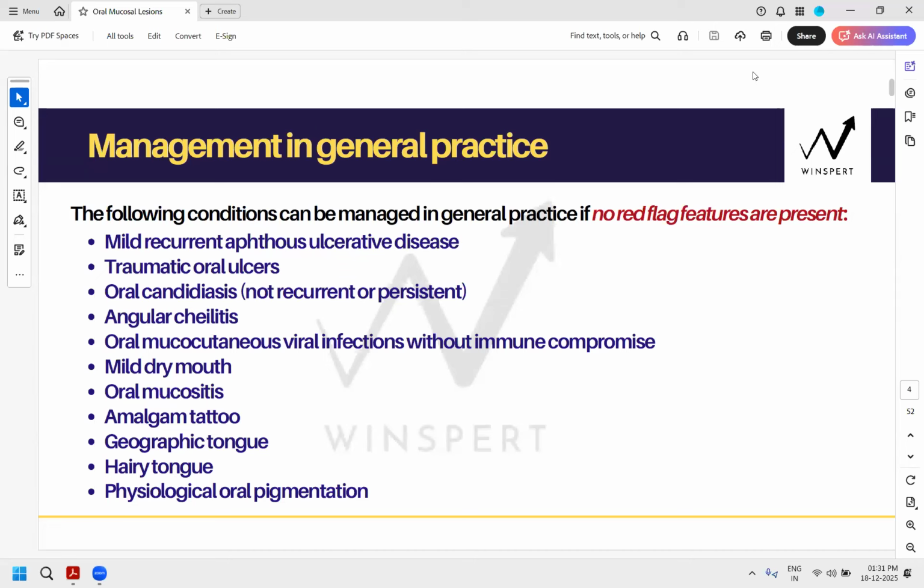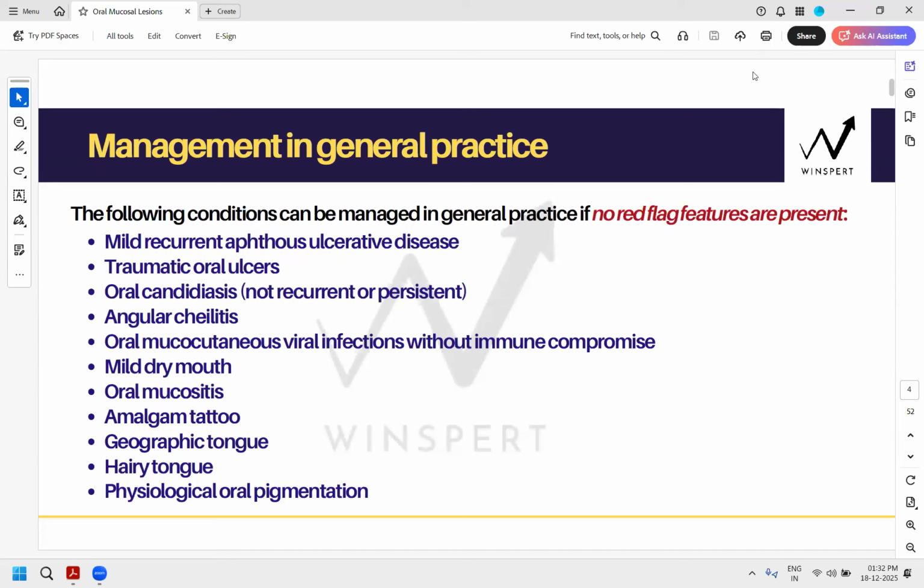So, if there are no red flags present and the diagnosis is straightforward, you can manage it in your general practice. Mild dry mouth, oral mucositis. What leads to oral mucositis? After radiotherapy. You can manage it, very well manage it. Amalgam tattoo, you can manage it. Geographic tongue, no red flags should be present. You can completely deal with these conditions.